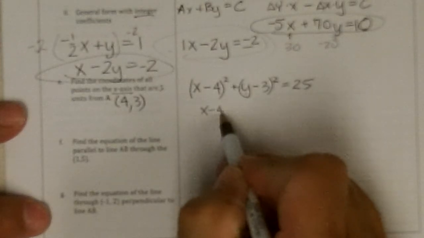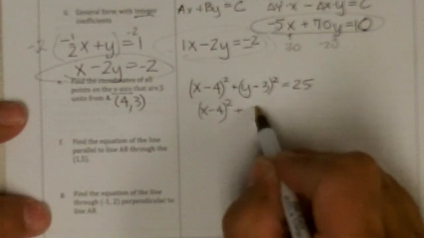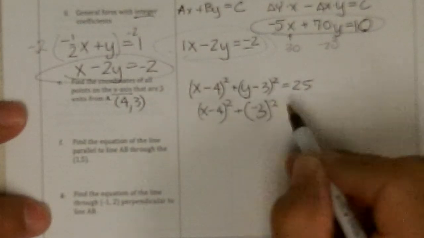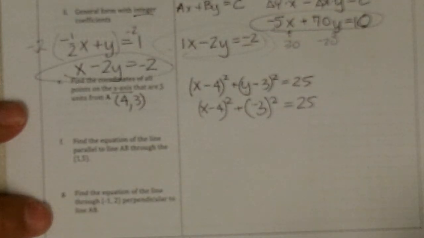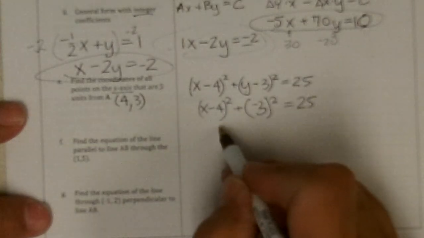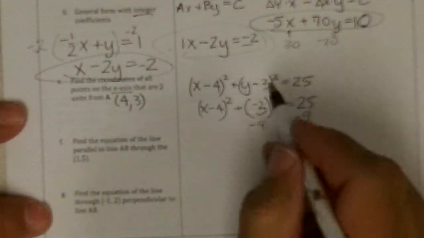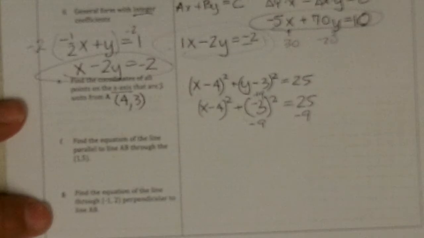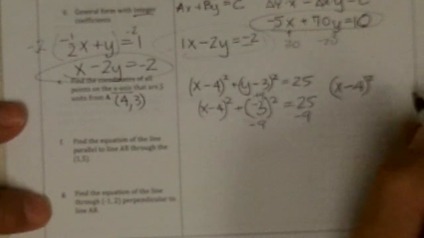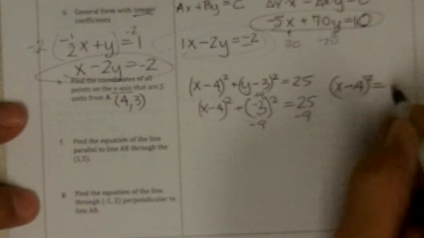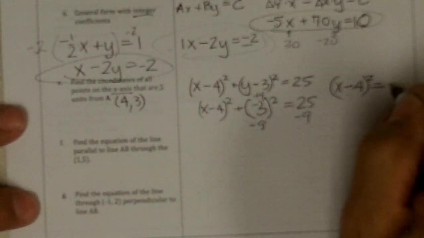So x minus 4 squared plus negative 3 squared is 25. Negative 3 squared is positive 9. So I'm going to subtract 9 from both sides, because that's a positive 9. And I get x minus 4 squared equals 16.